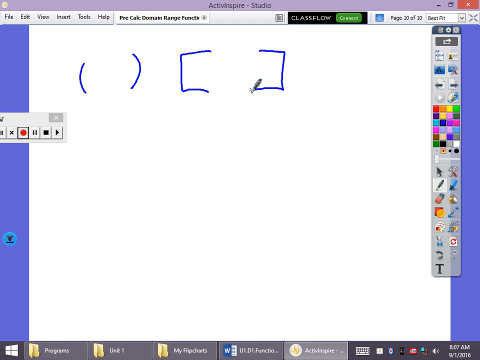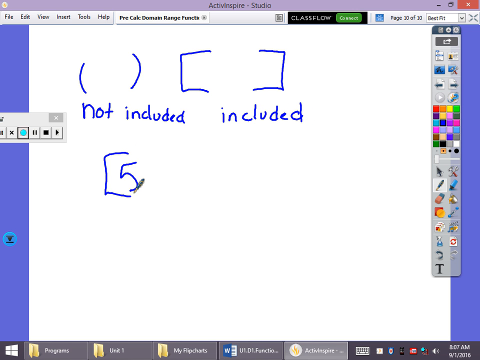So it would be a solid line or a solid dot. Okay? So this is not included. This is included. So this would say the interval goes from 5 to 8, but not including 8. So all the way up to 7.9999999.